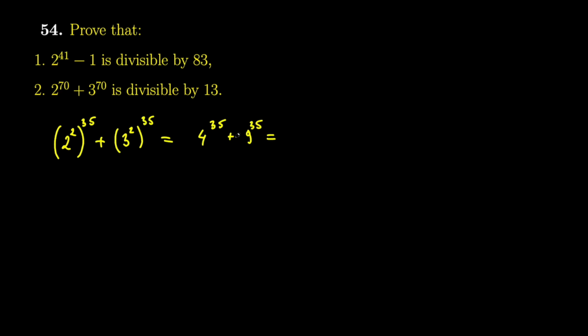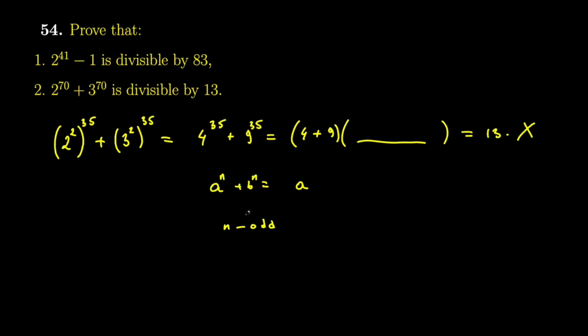Now, as we mentioned in one of the previous problems, since the powers are odd, we can factorize this expression. Write it as 4 plus 9 multiplied by some expression. So this expression is 13 times some x, so it's divisible by 13. The formula is the following: when you have a to the n plus b to the n, and n is odd, we are going to use this again and again.